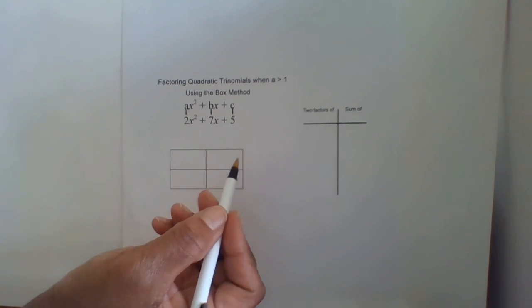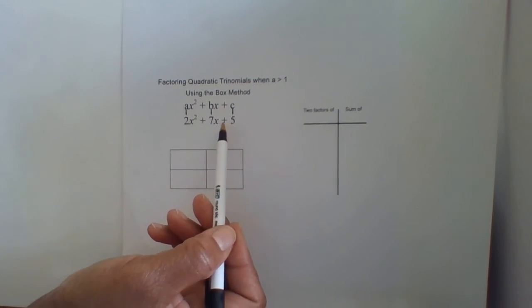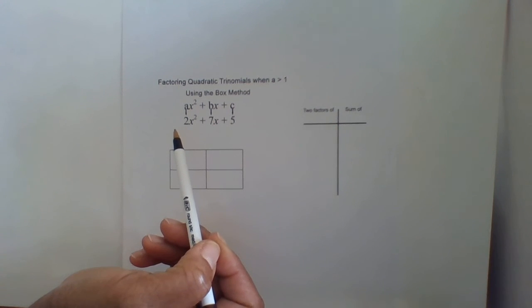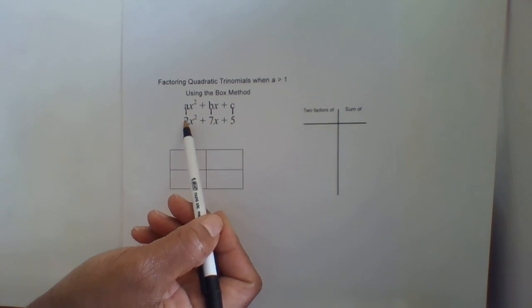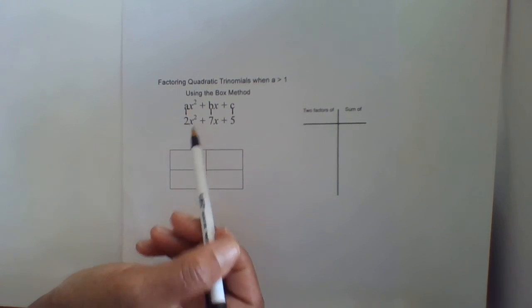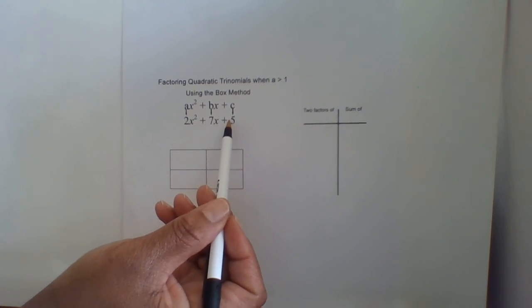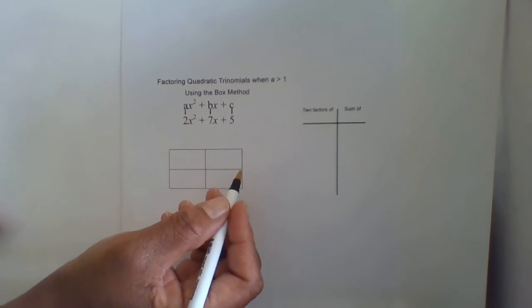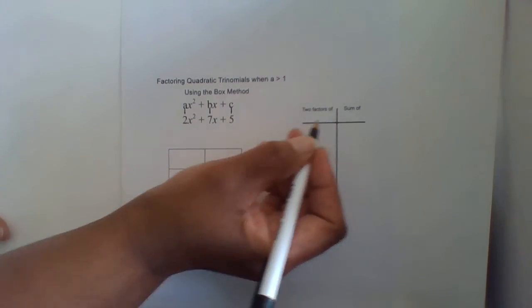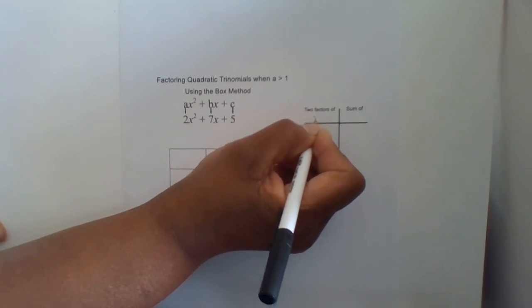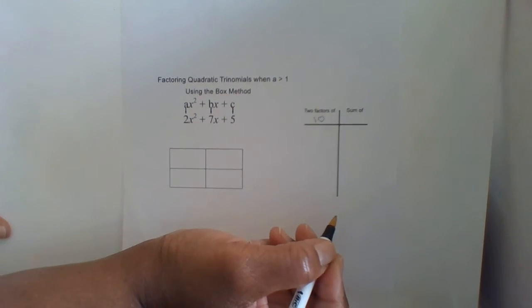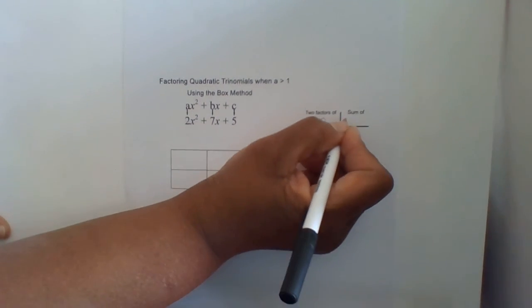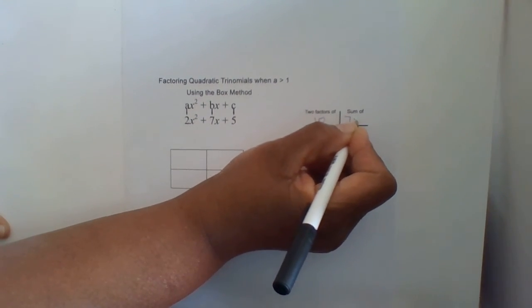So instead of just working with our b and our c term, now we have to use a and c first. When a is 2 and c is 5, we need two factors of the product of those two numbers, so 10, that will give us a sum of 7x.